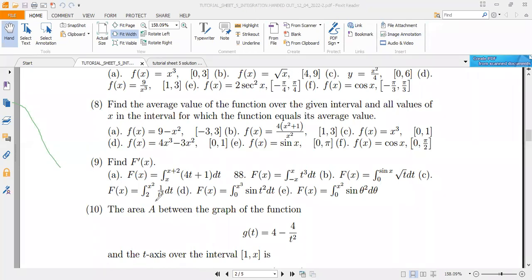I didn't even see it, I was just giving an example. For that one, do we just ignore the 2 and replace with x to the power 2? Yeah, just ignore the 2, because our goal is that you just need the constant down here. You use the fundamental theorem of calculus.